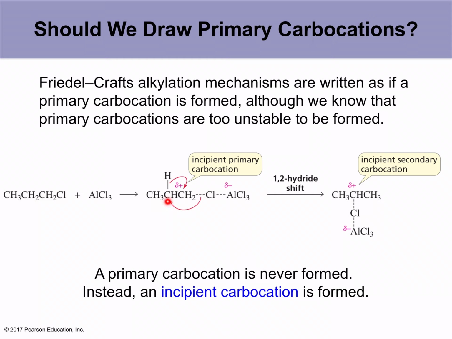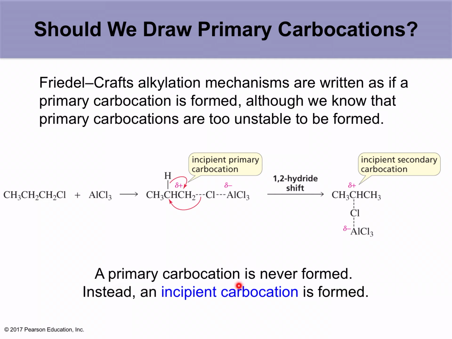Since the complete bonds are not formed yet, we can represent them as a delta positive. So delta positive here, you're going to form a bond here. So now you have another delta positive charge on the secondary carbon. Bond with the chlorine, aluminum is partially negative. This delta sign represents partial negative, partial positive. And you call it an incipient secondary carbocation.